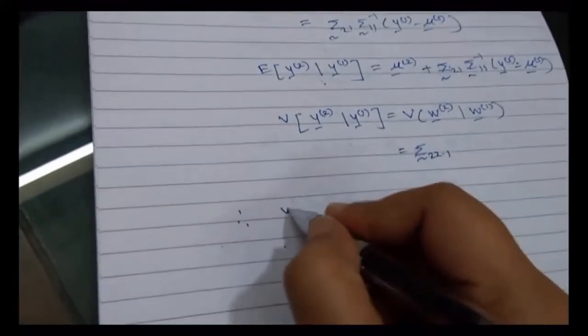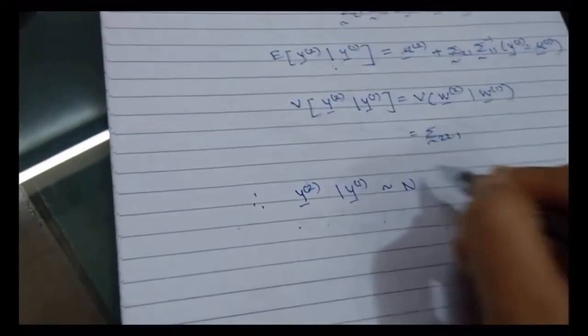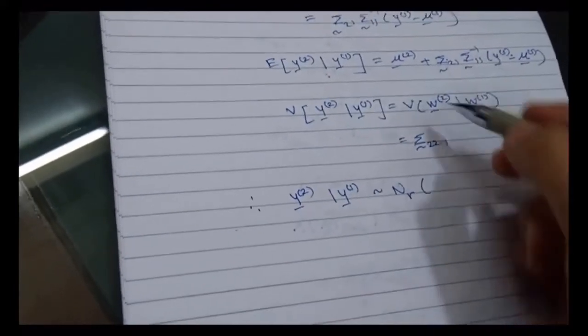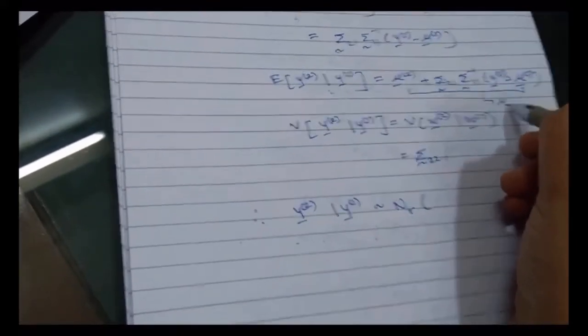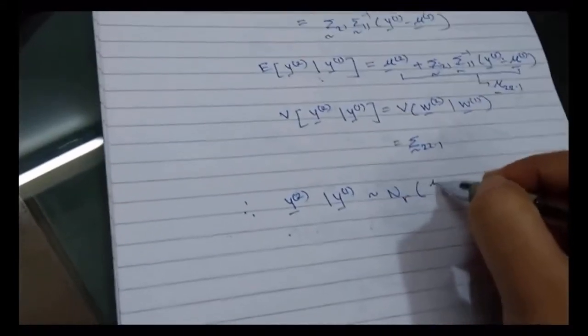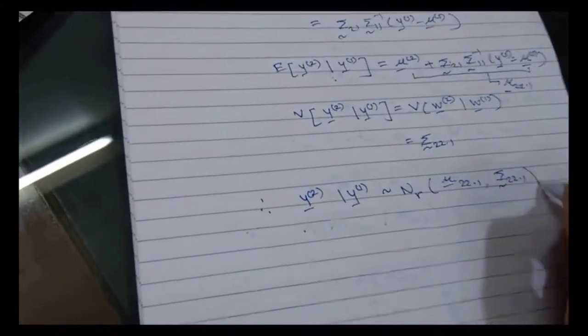Hence my final conclusion is that the distribution of Y2 given Y1 is multivariate normal with mean, let me call it mu 22.1, and variance sigma 22.1.